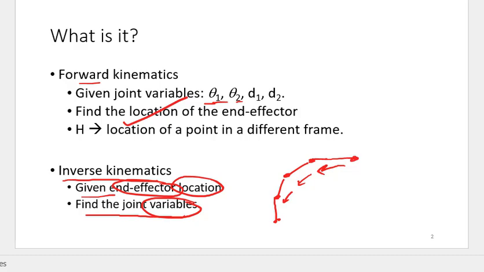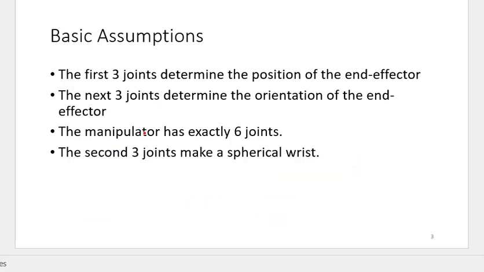Okay, next one. The basic assumption is that inverse kinematics is truly more difficult than forward kinematics. We have to assume there are three joints and also the end-effector, and the next three joints determine the orientation.